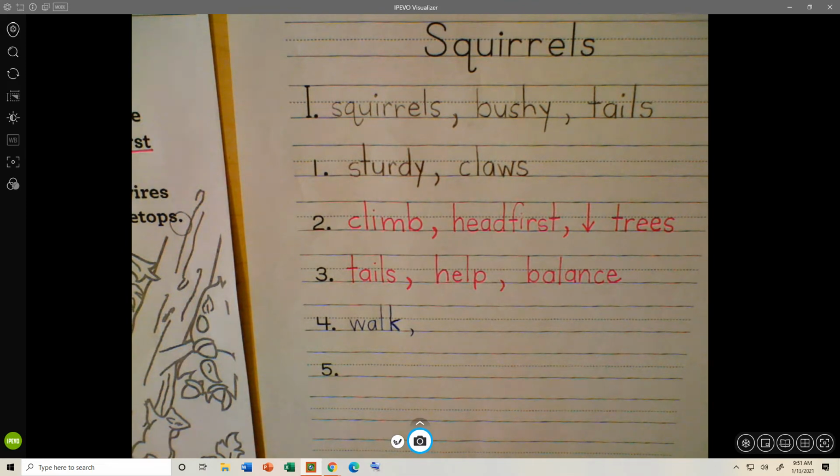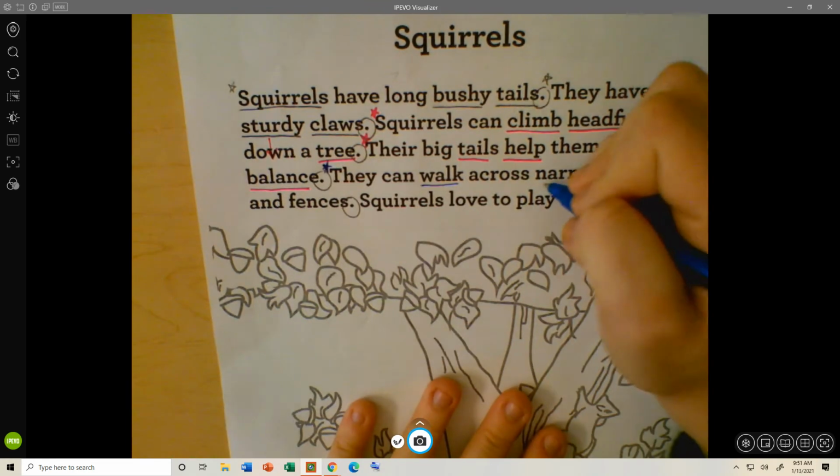What about narrow? That is especially important because we want to know that they can walk across something we can't walk on, something really narrow. What does it mean to be narrow? What does that word mean, Easton? It means thin. Very thin, right? So we're going to add that word narrow.